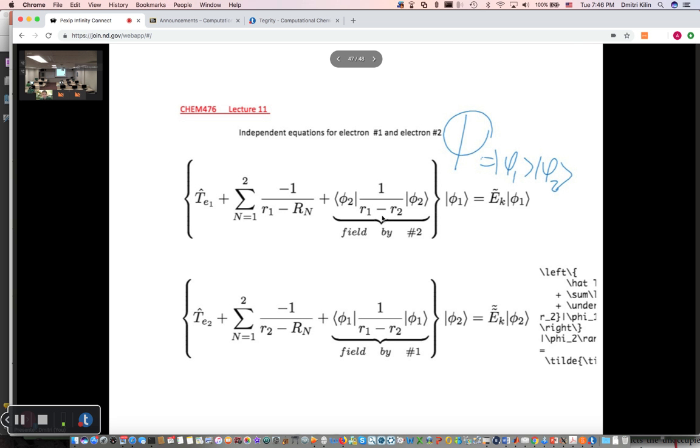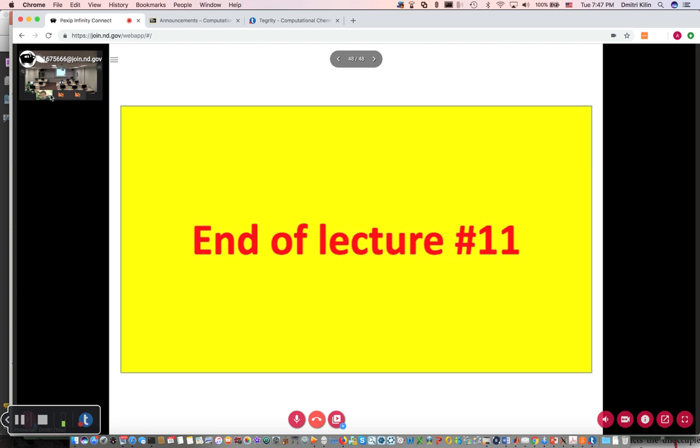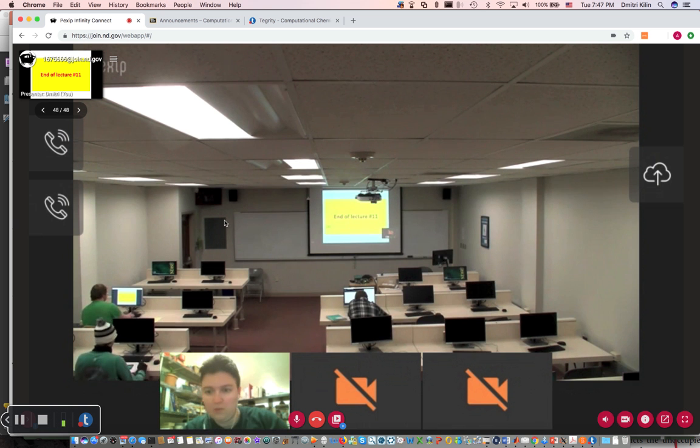And this repulsive field of the average distribution of all other electrons is a major challenge of computational chemistry. So all theories are just dealing with different levels of approximation of how to describe electron-electron interaction, this average field exerted by all electrons on our last electron. Okay, I'm done.